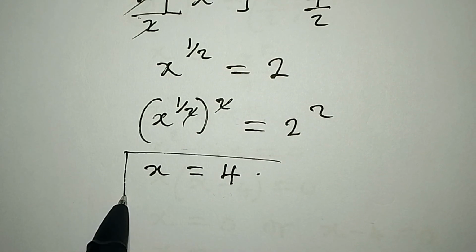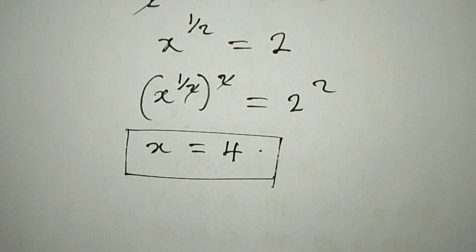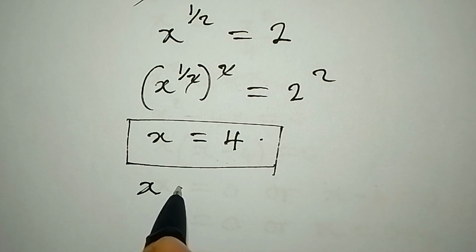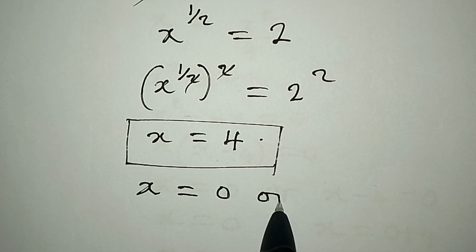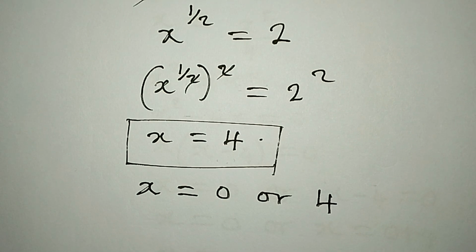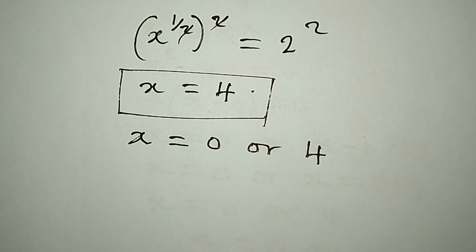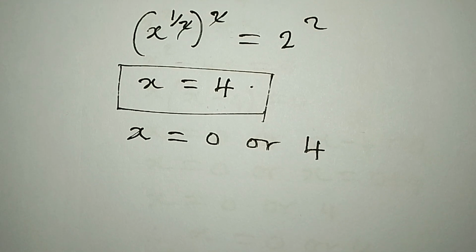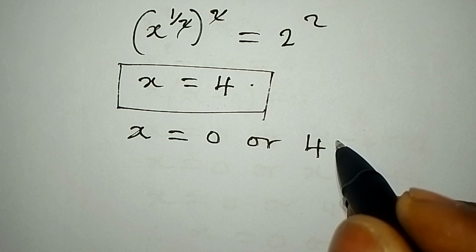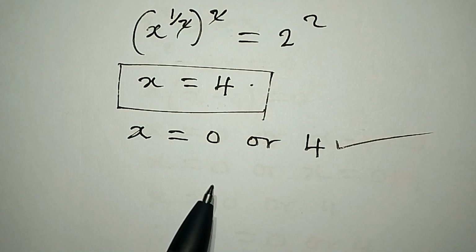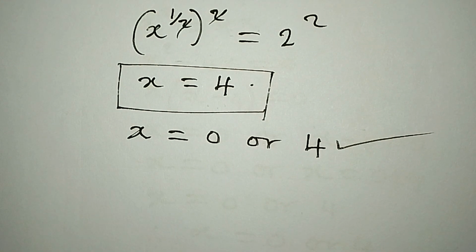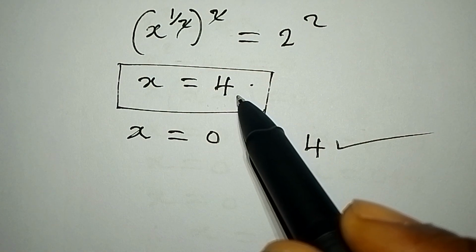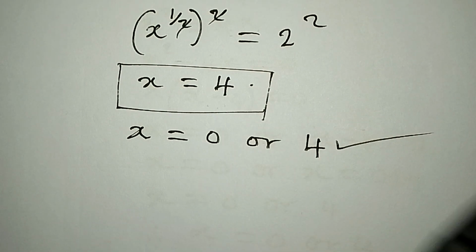And from the first method, we got x to be equal to 0 or 4. So which of the methods do you think is more satisfying? I think it will be the first method, since we were able to have two values. And from the second method, we are having just x to be equal to 4.